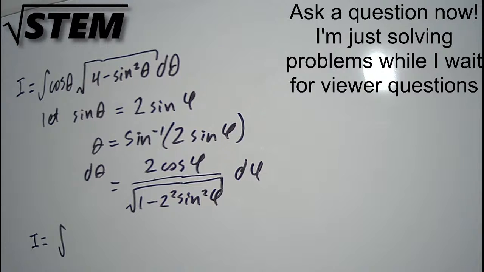For one, we don't really have anything that we can do with the cosine of theta. I was kind of hoping somehow through this substitution it would be absorbed, but it is not.